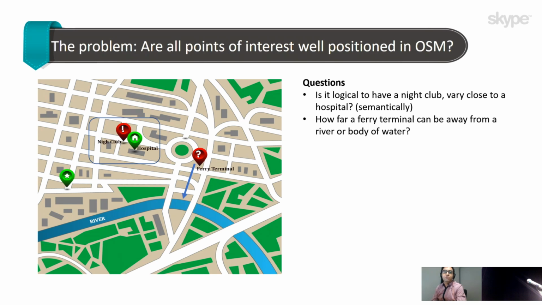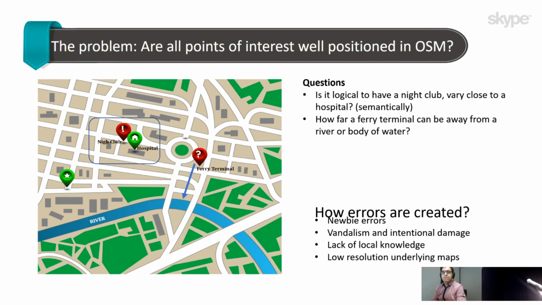Or, how far can a ferry terminal be from a body of water or river? These questions tell us that we have to be careful about letting people add new points of interest to the map.